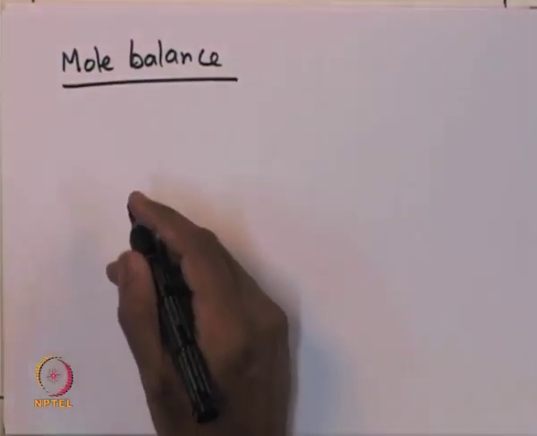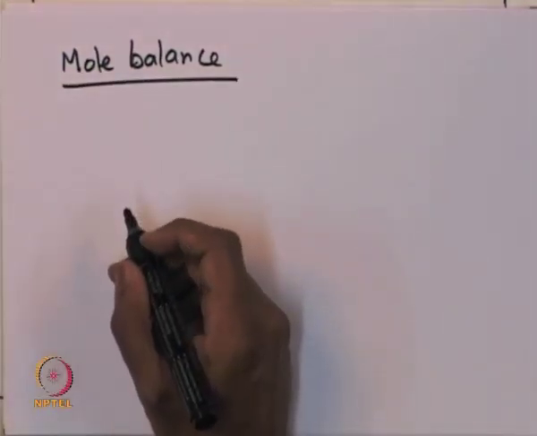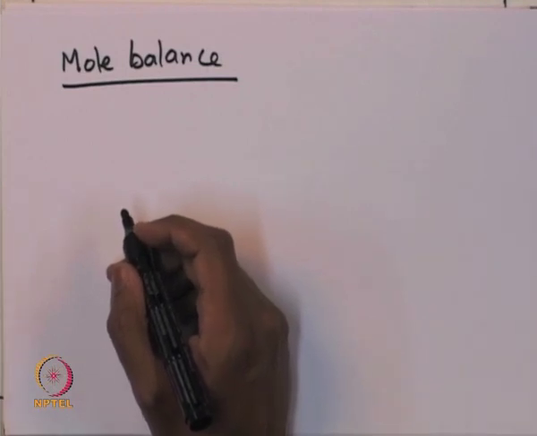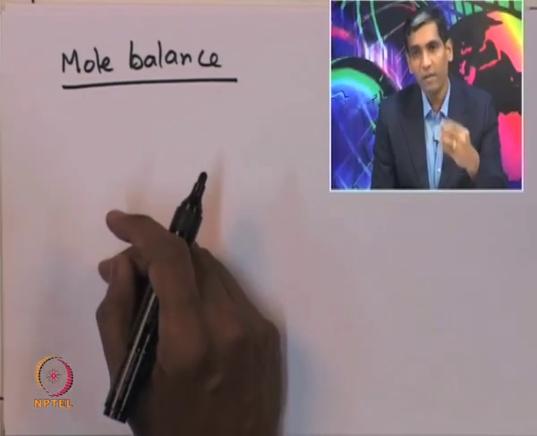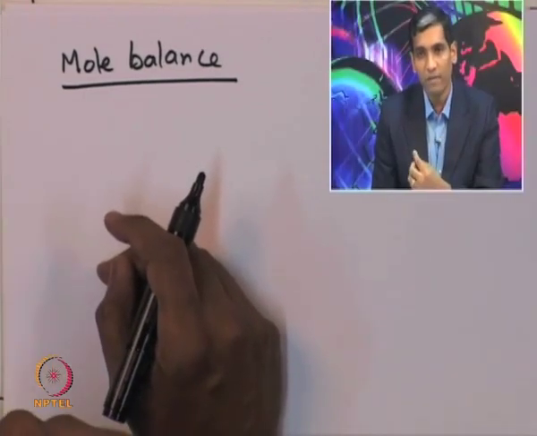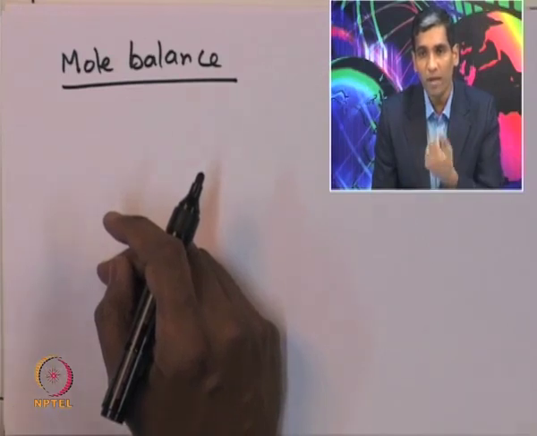The rate of change of the number of moles of species A with respect to time should be equal to the rate at which the species is coming in, minus the rate at which the moles are going out, plus whatever is being generated.